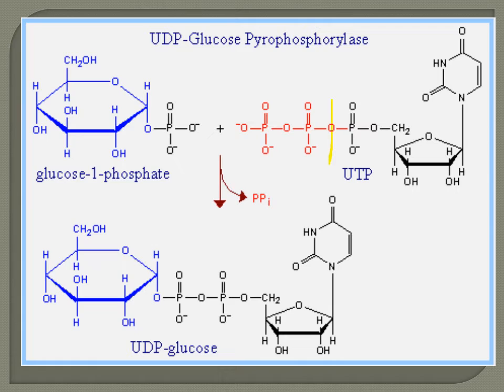So the two terminal phosphates of UTP are hydrolyzed and lost as pyrophosphate, thus forming the UDP-glucose. That is why, as I told you, this step is the committed step of the pathway, because the activated sugar is formed at the cost of two high energy bonds of UTP. You know, UTP is the energy equivalent of ATP.